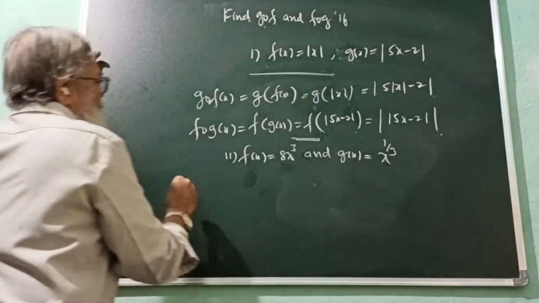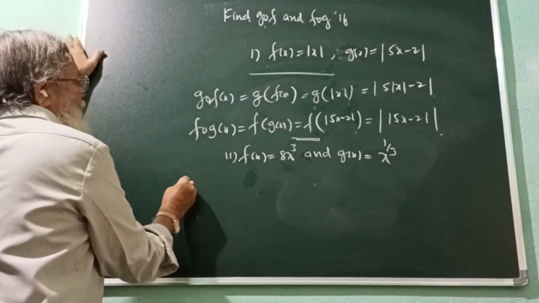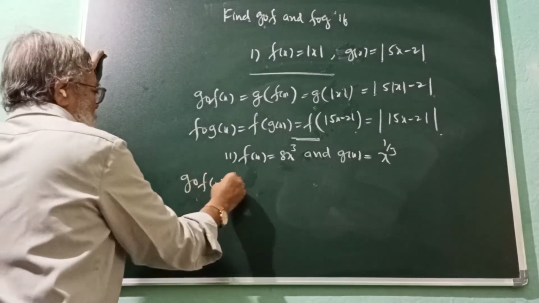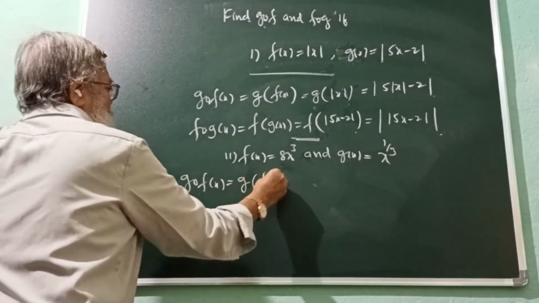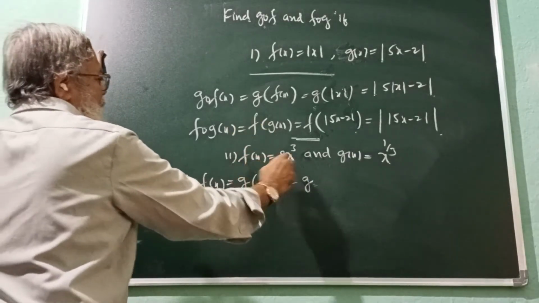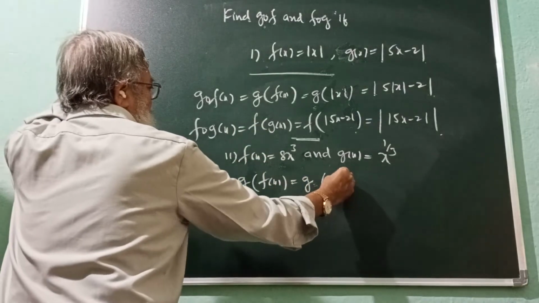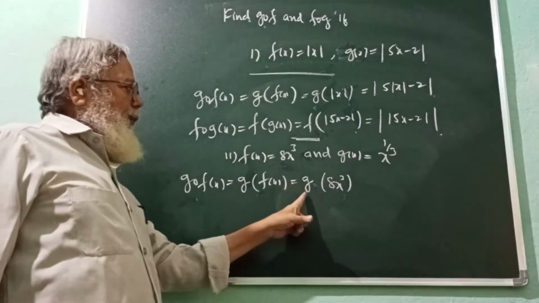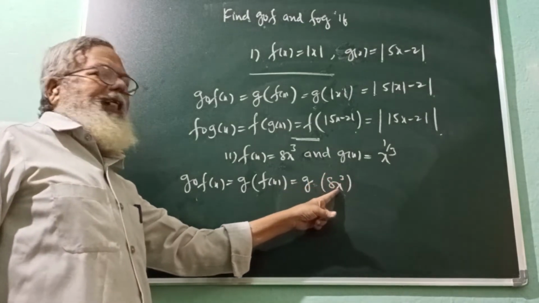Look here, first one, g composition f of x, g of f of x. Now f of x is given by 8x cube. Now to apply this function, it should be treated as x.